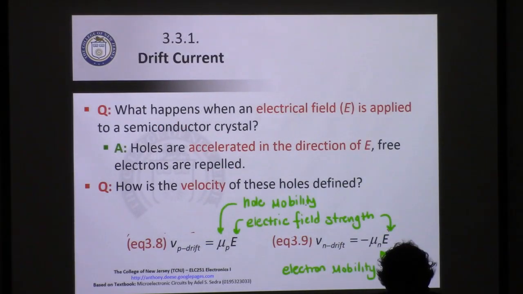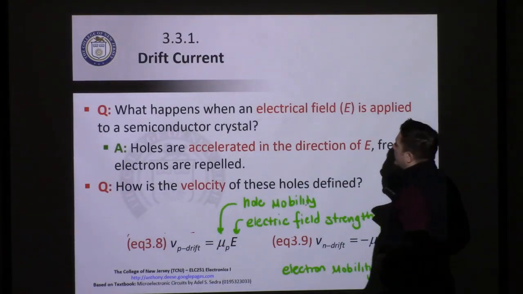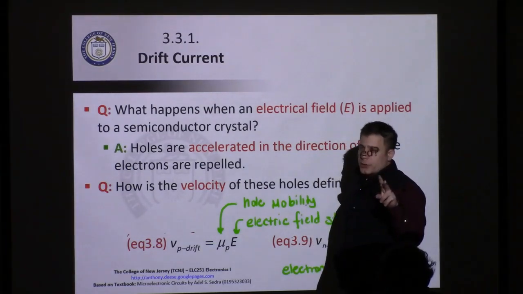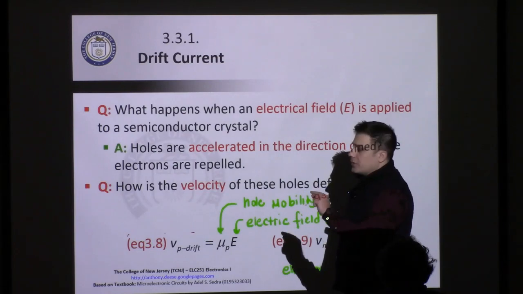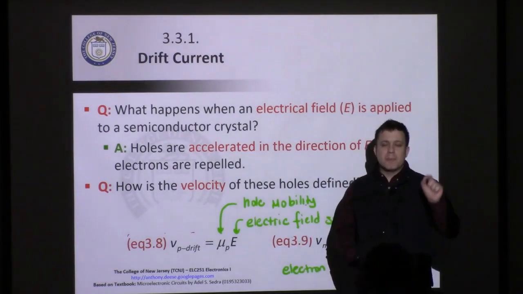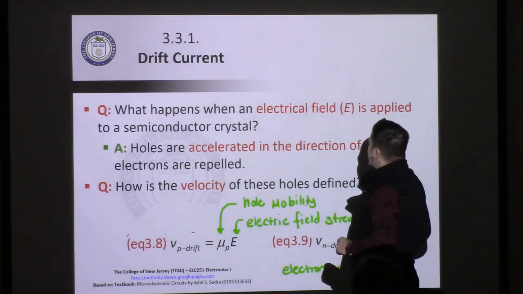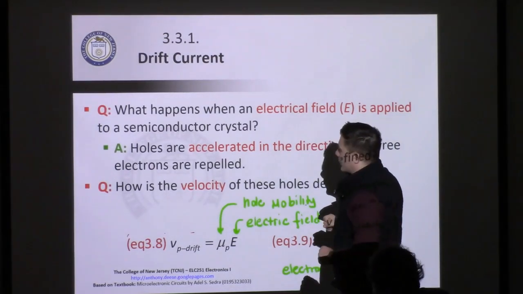So the first type of current that we're going to talk about is called drift current. There are 2 different kinds, drift and diffusion current. Drift current is attributed to, or is excited by, an electric field that's applied. So what happens when an electric field is applied to a semiconductor crystal?